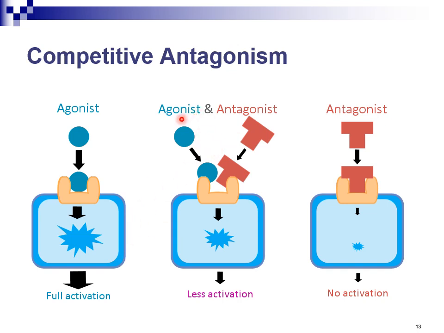We have an agonist and an antagonist both present at the same time, for example, an agonist being an endogenous compound and an antagonist being the drug. You see they compete for the receptor and you get less activation. And then you can have just the antagonist working, in which case you'd get no activation at all.